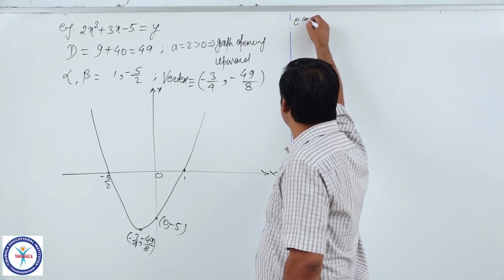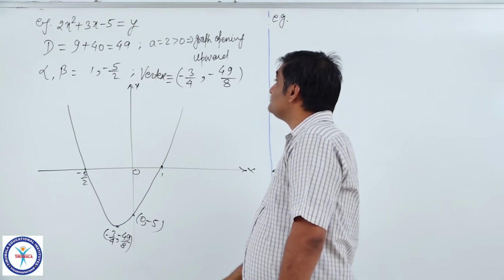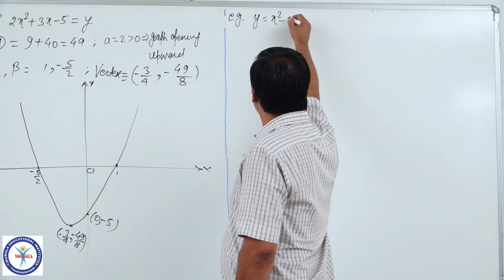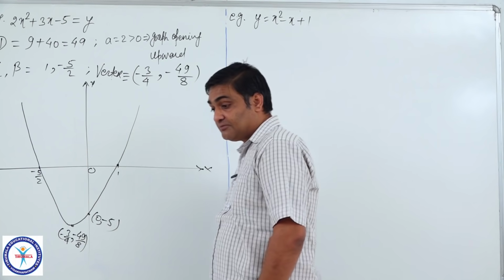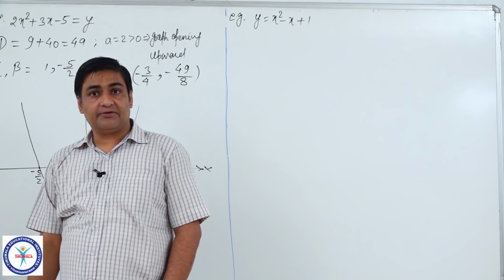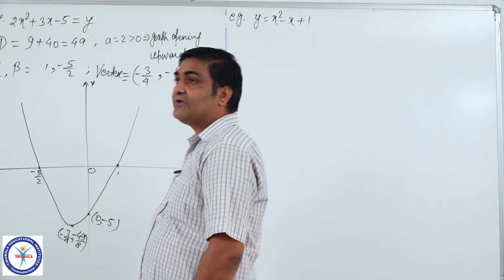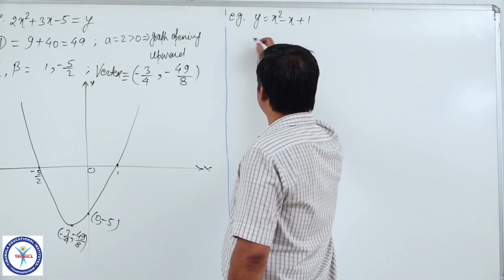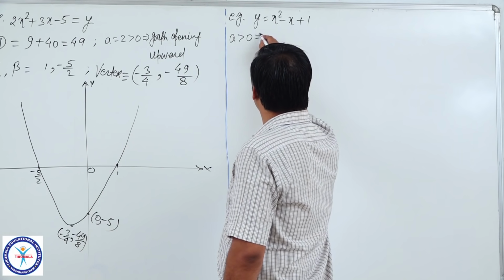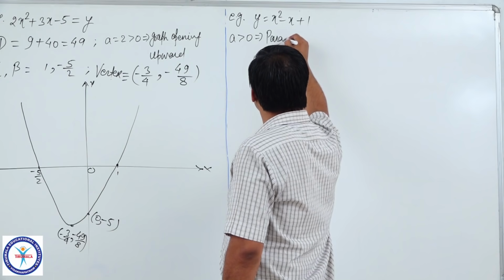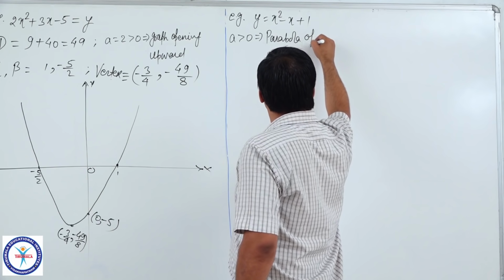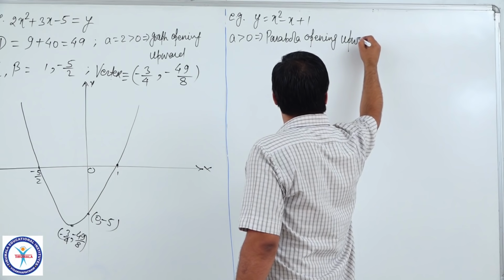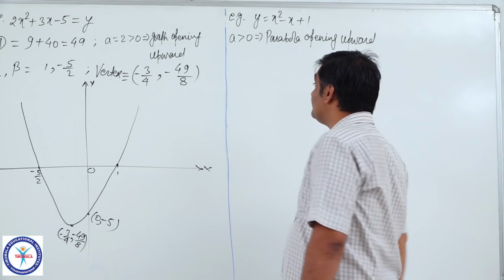Let us take one more example: x square minus x plus 1. Coefficient of x square is positive, a greater than 0 implies parabola opening upward.